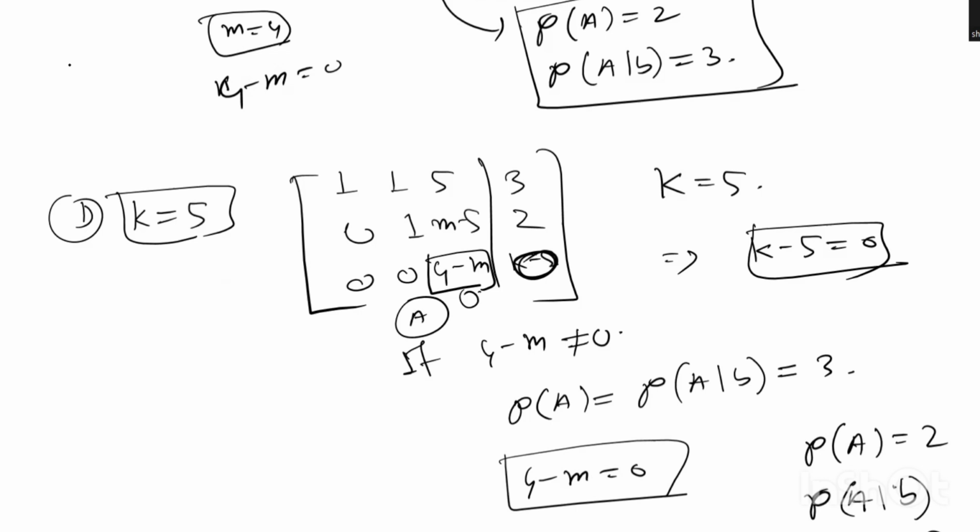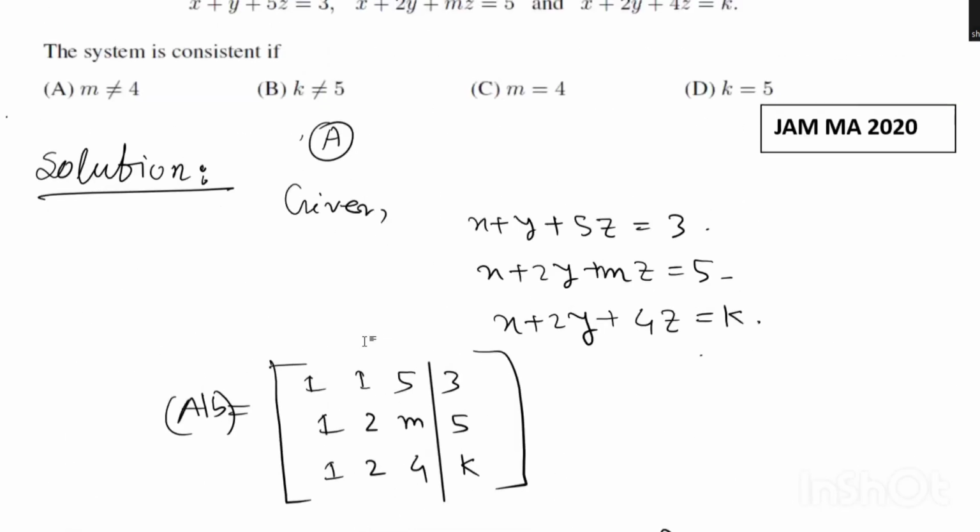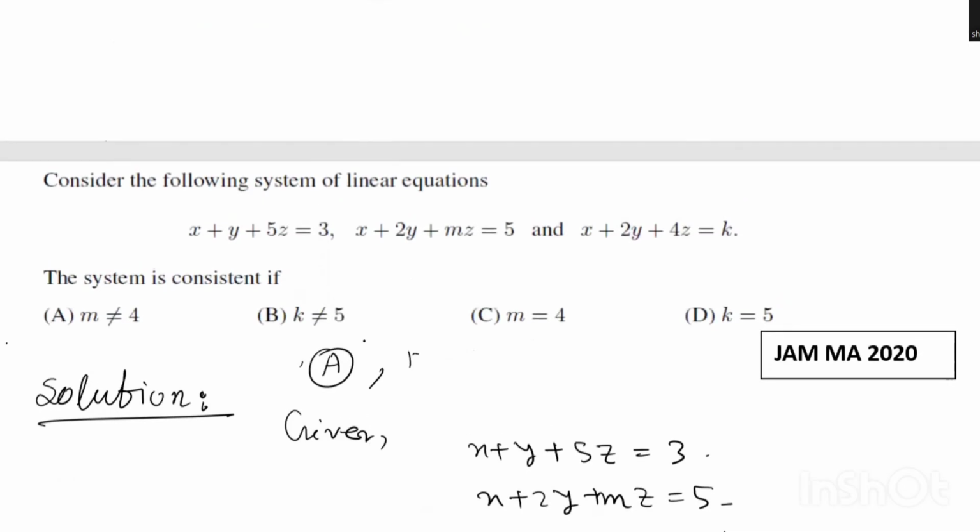So in this case also the system has a solution, infinitely many solutions. So option D is true. The answer to the question is A and D both.